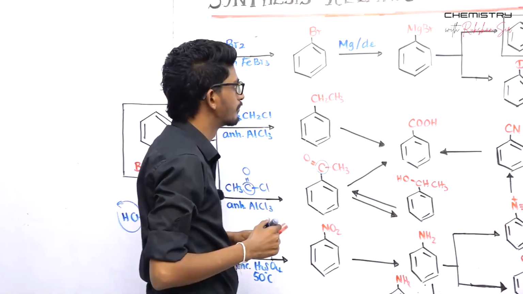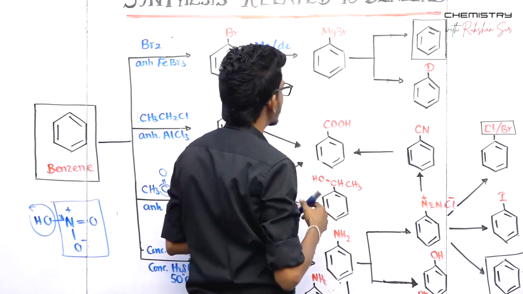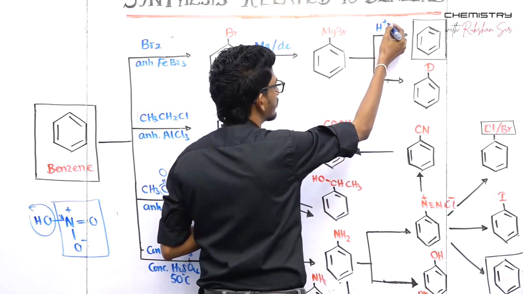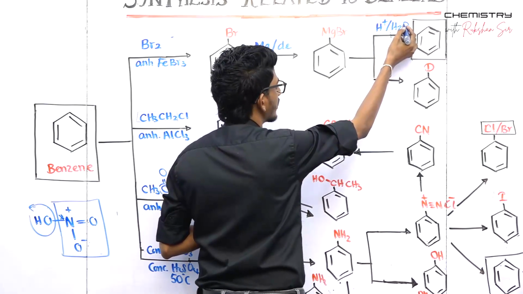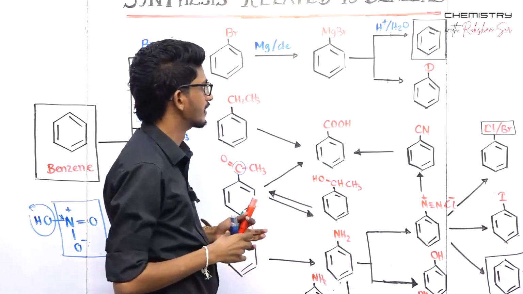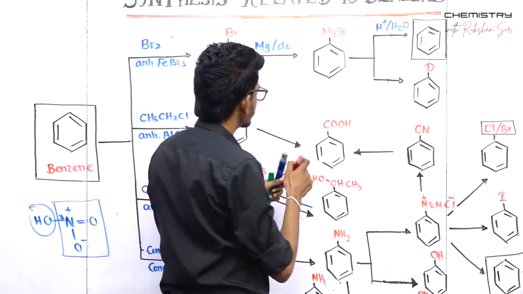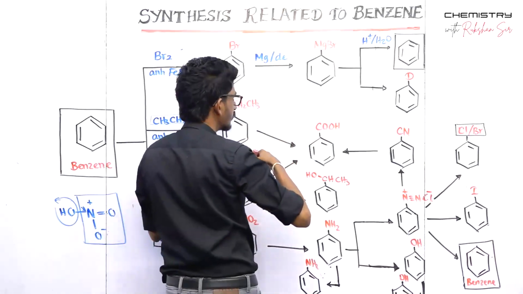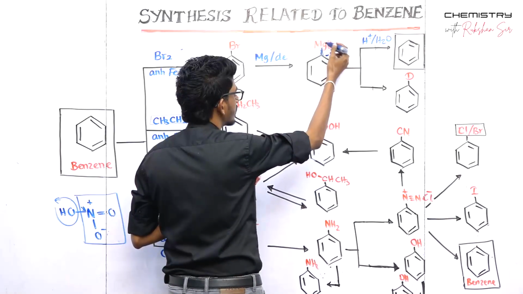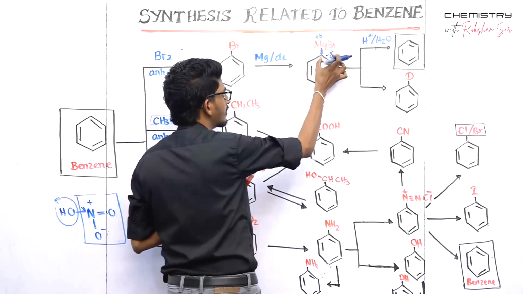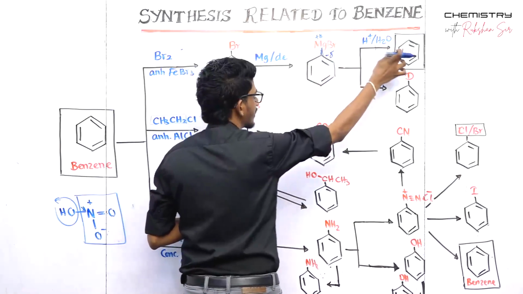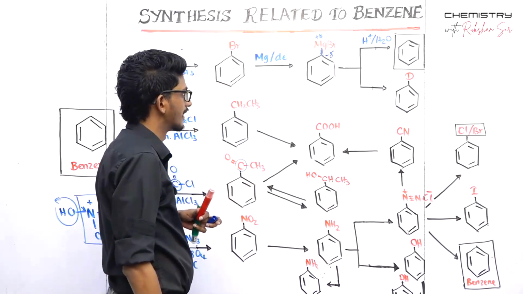The importance of this route is that if you add some acidic water, you can obtain the benzene ring again. As the Grignard is connected, this carbon is negative. This negative carbon will attract the H plus, leaving the Grignard, so that the ring becomes a benzene again. That is what happens.